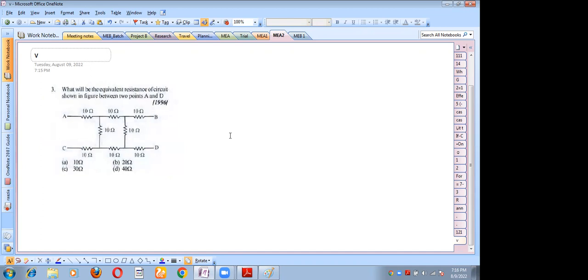We have to find the equivalent resistance between the points A and D. Are you trying?